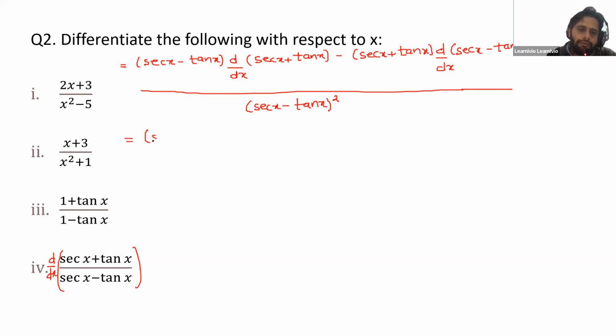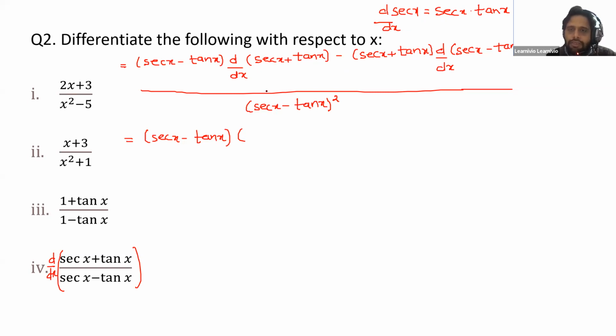Then we have the sec x minus tan x, and the derivative, I will write the formula here, that the derivative of sec x is sec x into tan x. You will get all these formulas, Yusra, in the previous videos. And for tan x, we have already discussed that its derivative is sec square x.